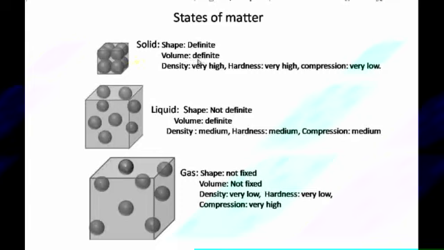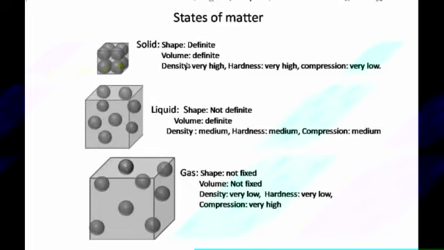Now volume. What is volume? Volume is the space captured by any object. Suppose this object, which has 8 molecules, is capturing 1 meter cube. So these 8 molecules will take 1 meter cube of space wherever you keep them, whether in a bottle, in a dish, in a tumbler, in any other beaker or container.